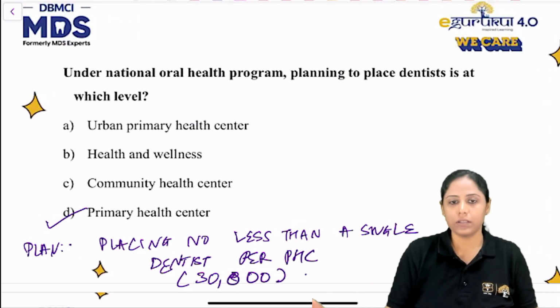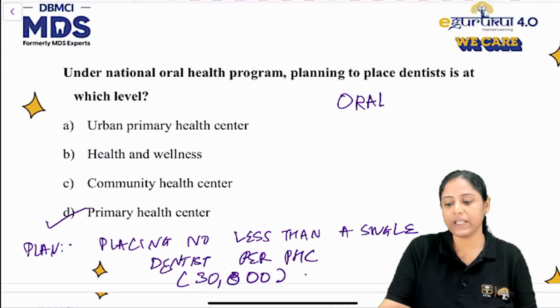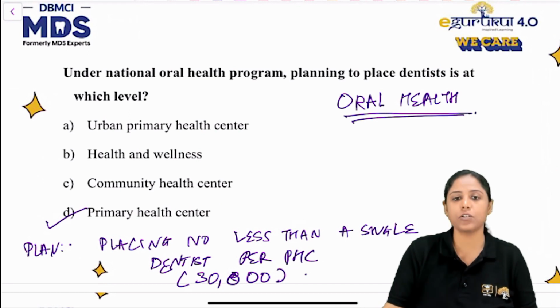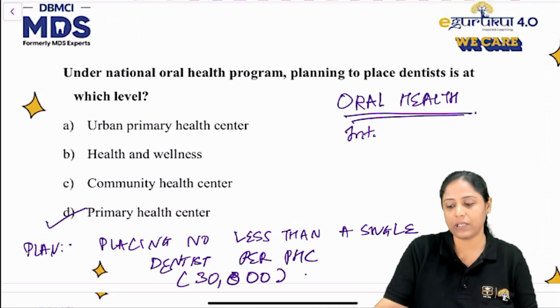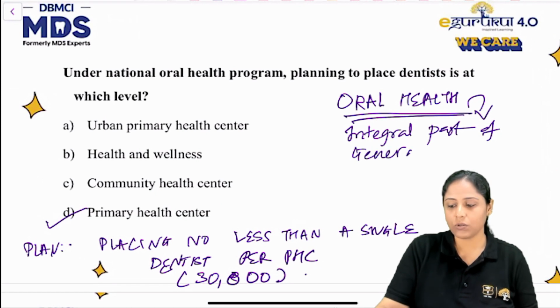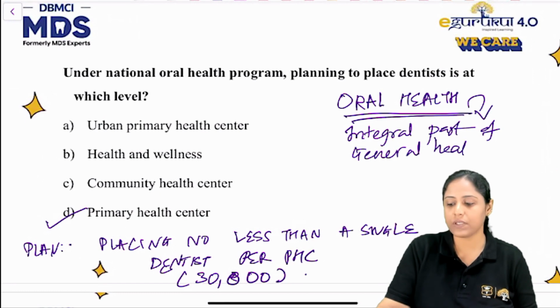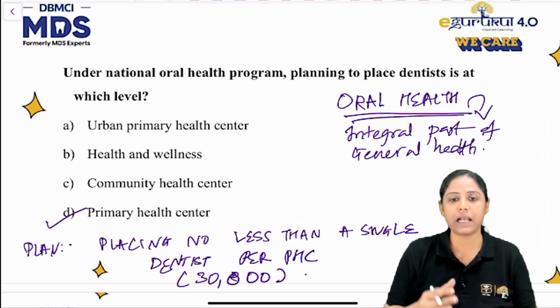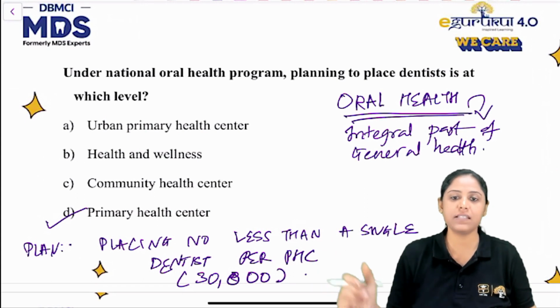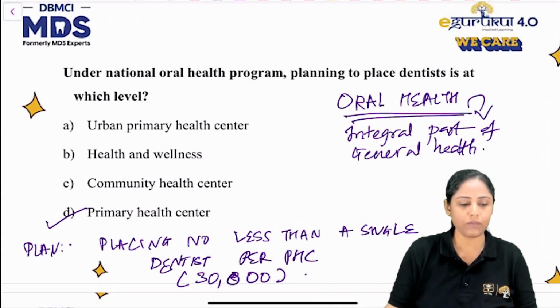So in the public health scenario, the public health practitioner always sees oral health as a mirror of general health. It's considered to be an integral part of general health. So the health programs which are already in place, the national health programs, the oral health programs have to be integrated with these programs.